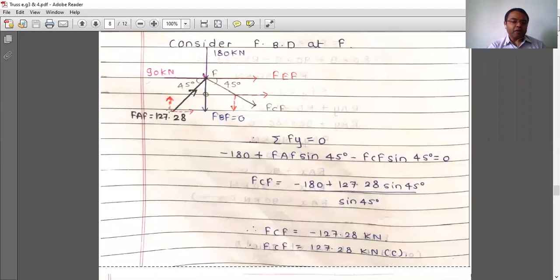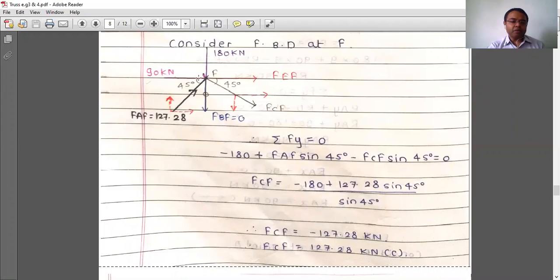Compression means the arrow is towards the joint. So while going for the next FBD of a joint, you have to consider the previously found final answer. 127.28 is the final answer, and the nature is compression. You have got it previously.